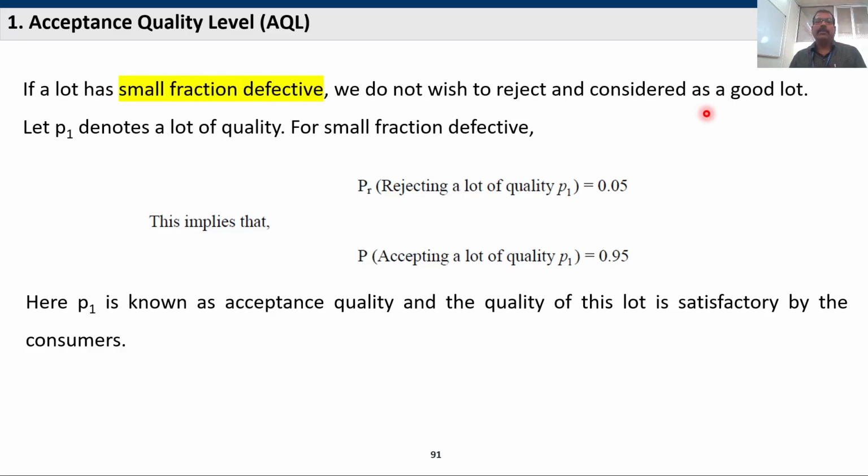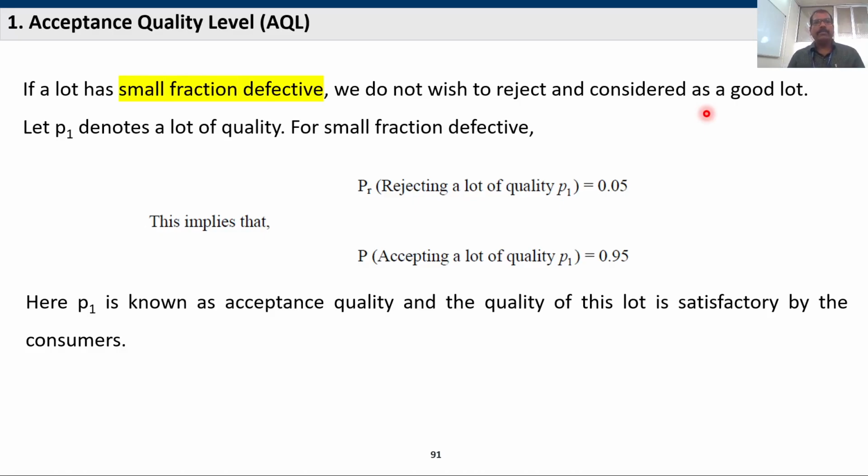If 5 percent is the rejection setting, in the sense we can say that 95 percent is acceptance, accepted quality or accepted samples from the batch.